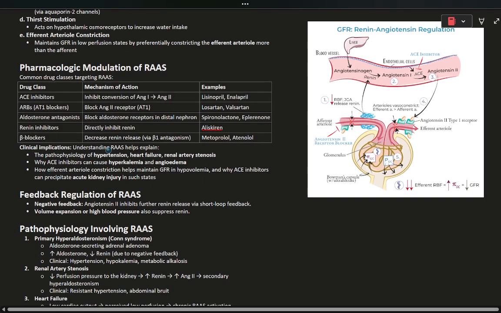And then understanding RAAS can help us to know how efferent arteriolar constriction helps to maintain GFR in hypovolemic states, which is why ACE inhibitors are classically known to precipitate acute kidney injury in states of hypovolemia or hypoperfusion.